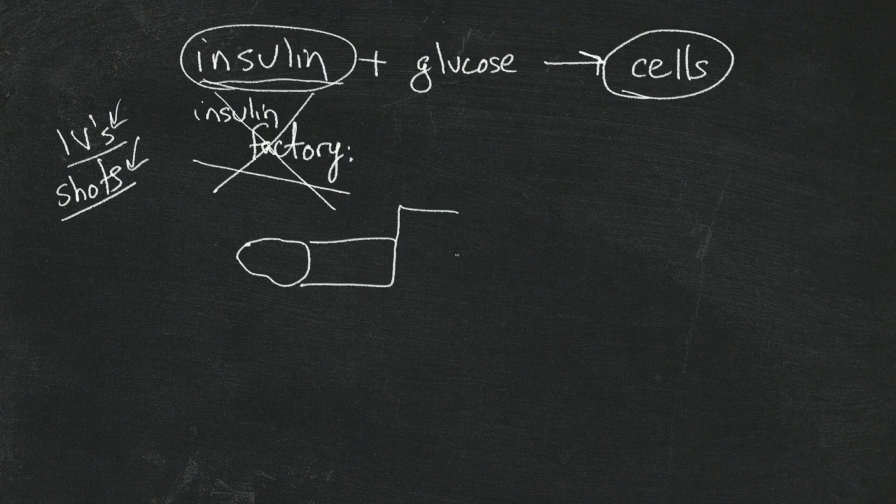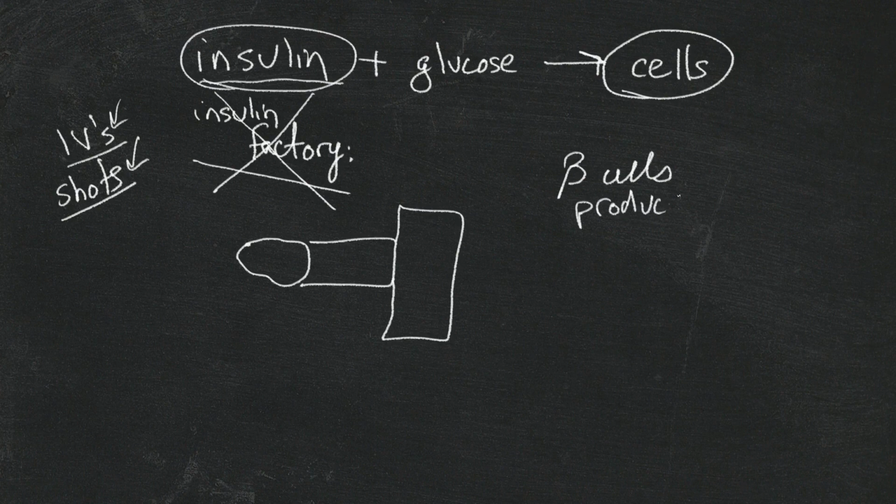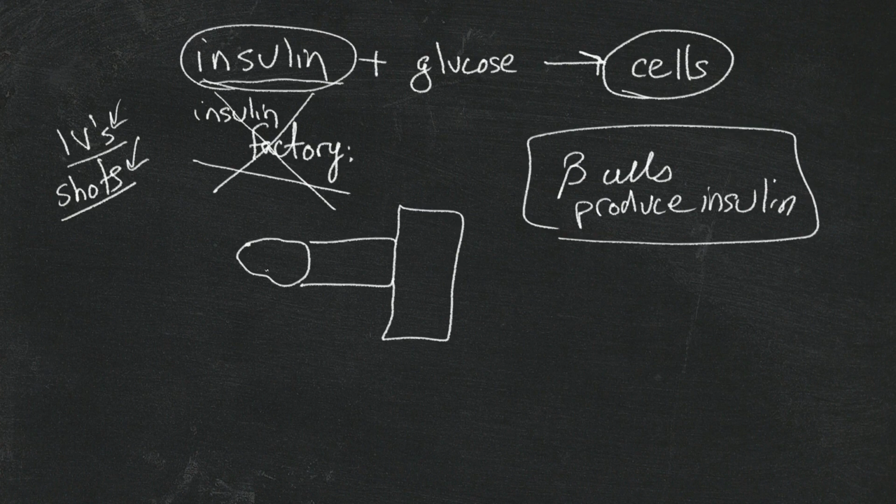Those beta cells are way more sophisticated than you would think. These beta cells, the cells that produce insulin, not only produce insulin, they also sense blood sugar levels. They can tell how much sugar is in your blood.